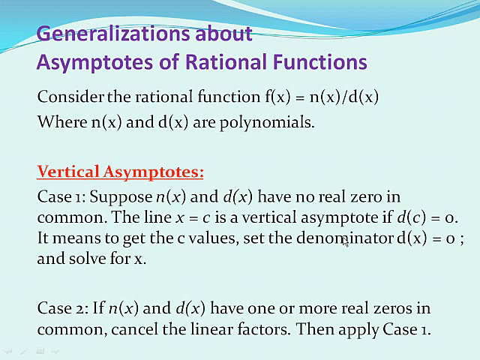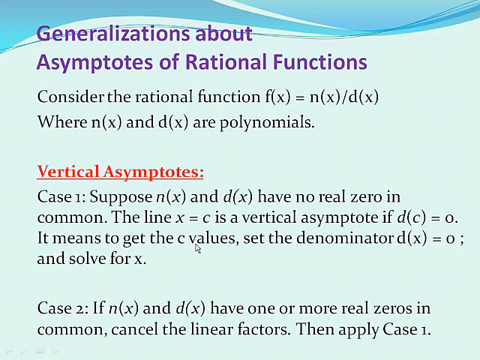Generalizations about asymptotes of rational functions. Consider the rational function f of x is equal to n of x divided by d of x, where n of x and d of x are polynomials. Vertical asymptotes. Case 1. Suppose the numerator n of x and the denominator d of x have no real zero in common. The line x equal to c is a vertical asymptote if d of c is equal to 0.